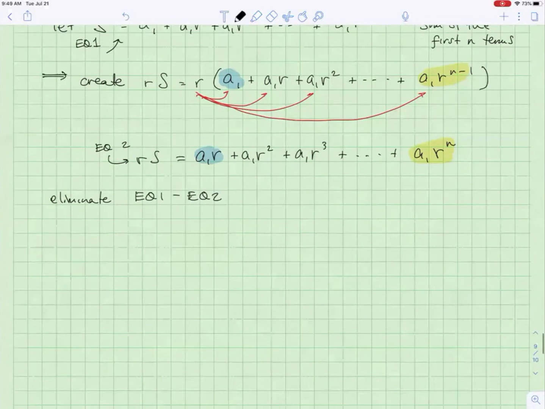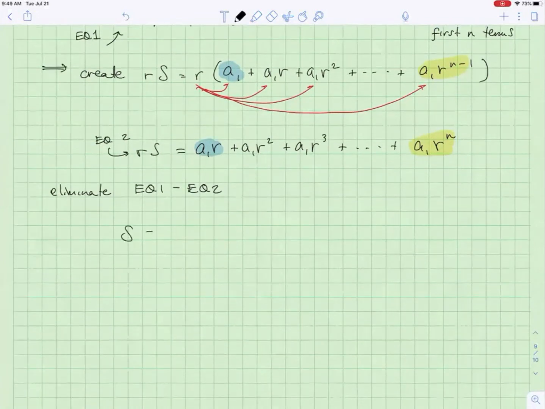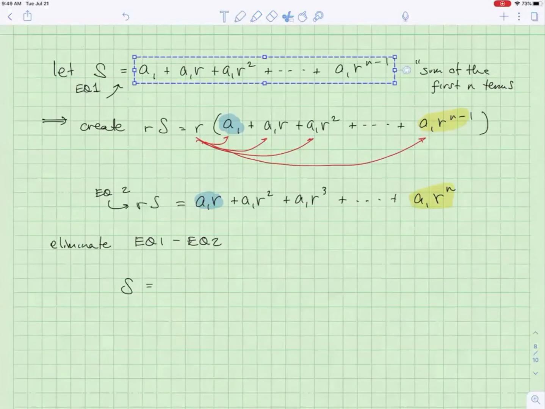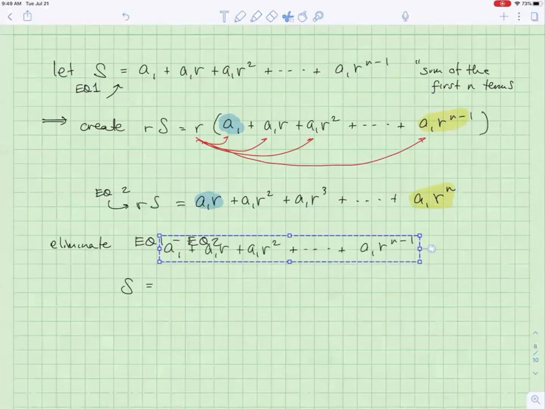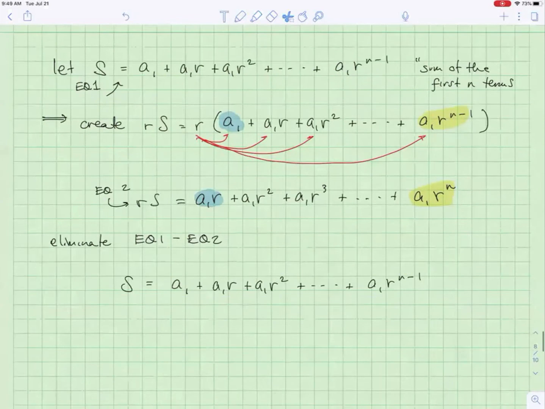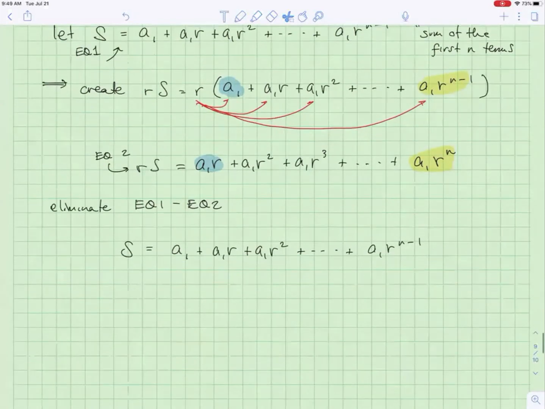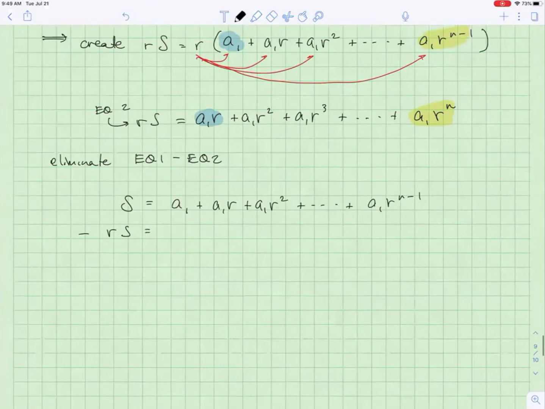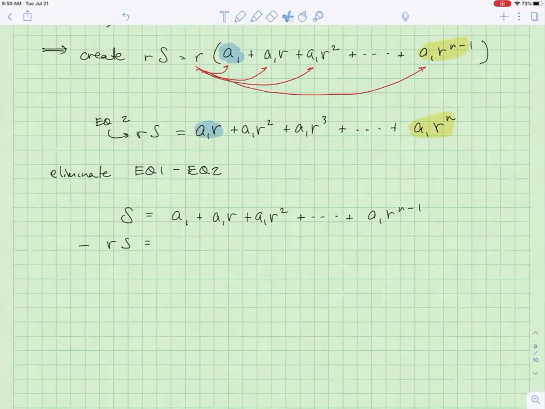So what we get is S minus RS, which is equal to this expression up above.